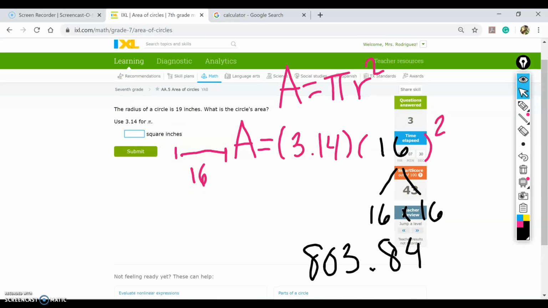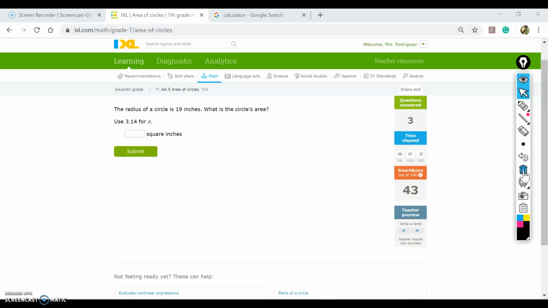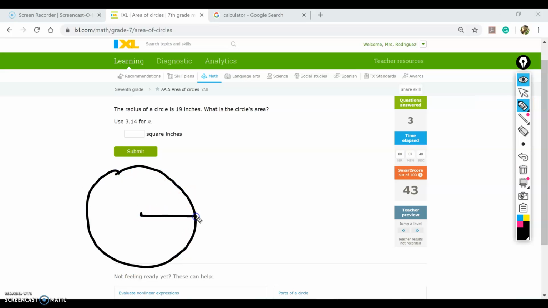Okay, now let's do this one here. The radius of a circle is 19 inches. I'm going to just draw the circle because it's not given, but I can draw it. I have a circle, the radius is 19. What is the circle's area? Remember one more time, the area would be equal to pi r to the power of 2.